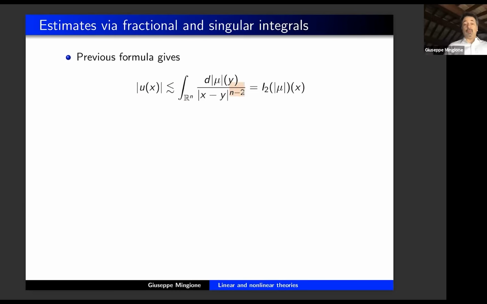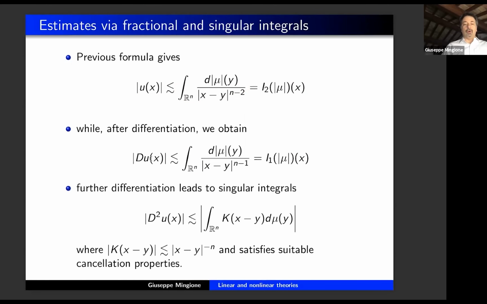If you differentiate once, then you can go to another fractional integral, which is the I1 Riesz potential. And then if you differentiate twice, you can go this time to a singular integral operator. The difference is that the first operators can be controlled by size estimates like Young's inequality and Hardy-Littlewood-Sobolev inequalities, while in order to handle this operator and its mapping properties, you need Calderón-Zygmund theory and cancellations.